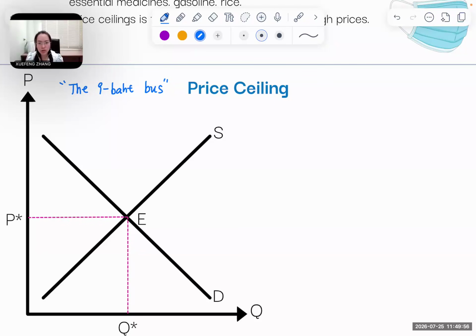Some routes cost only 9 to 10 baht. Why? Because millions of workers need to commute. If the bus prices followed the free market, the price might be 40 to 50 baht.